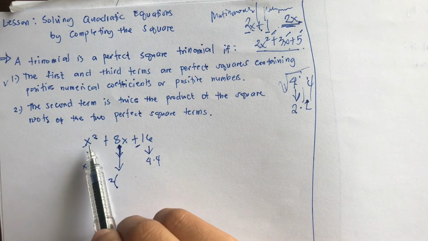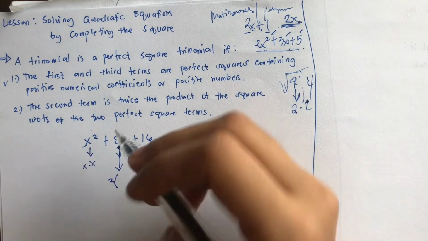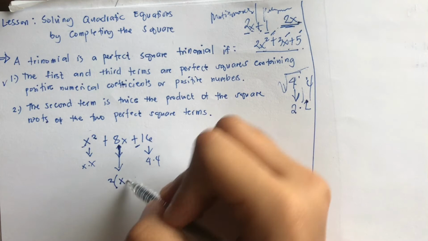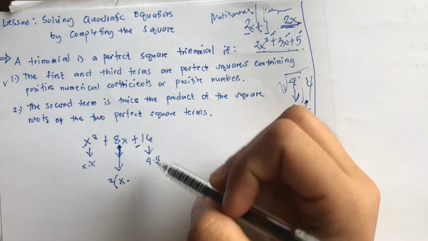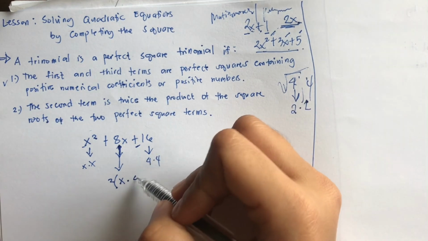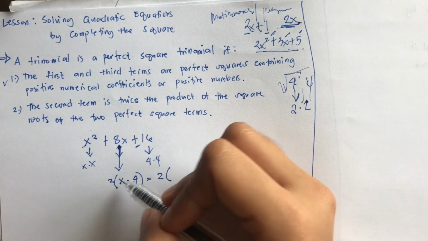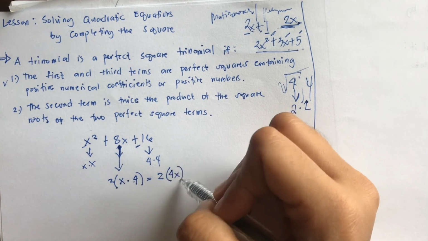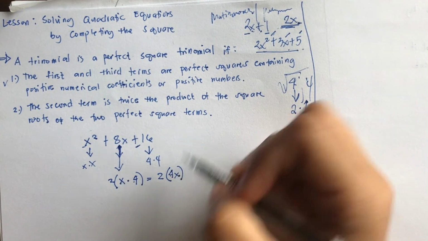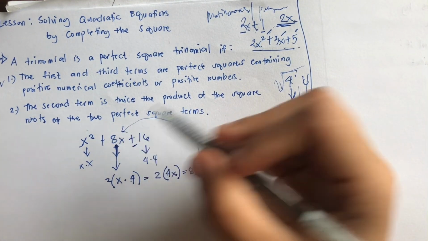So, ang root ng ato first term, that is x times ang root ng ato last term, ng third term, that is 4. So, 2 times x times 4 or 4 times x, that is just 4x. Now, 4x times 2, that is 8x. So this is our second term.